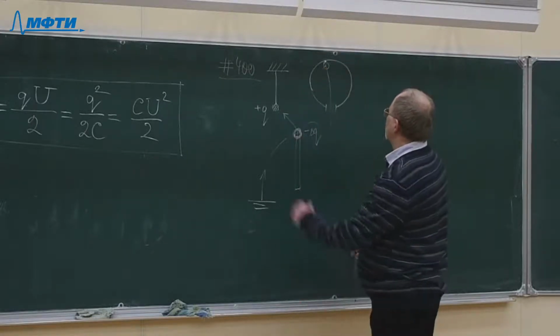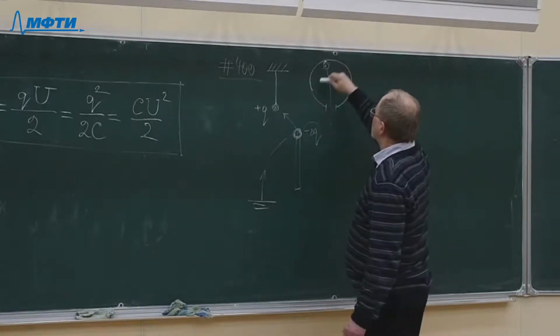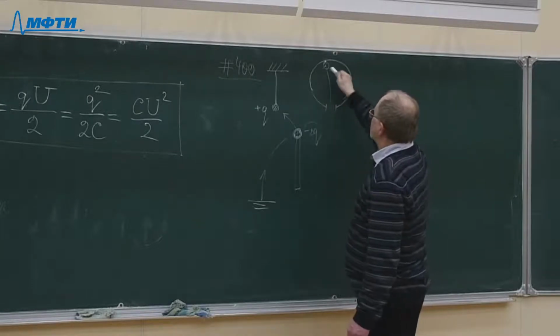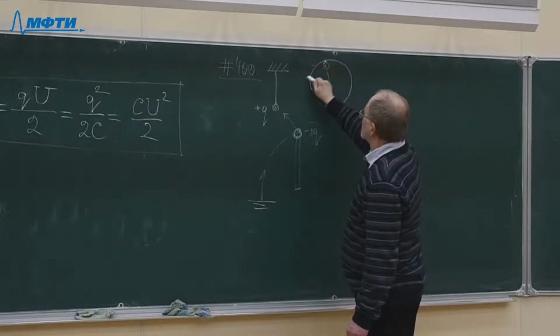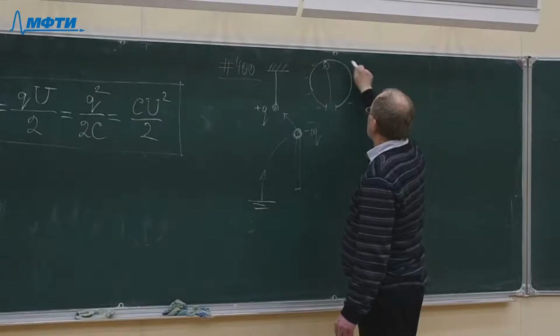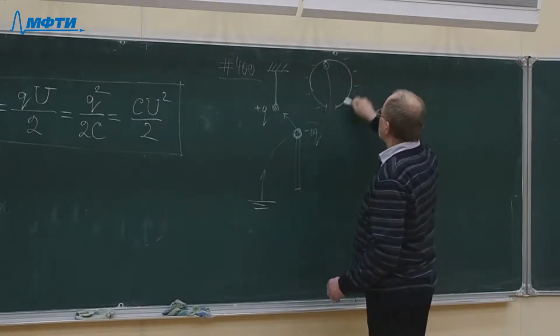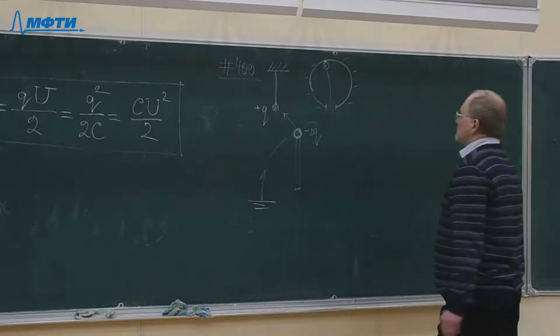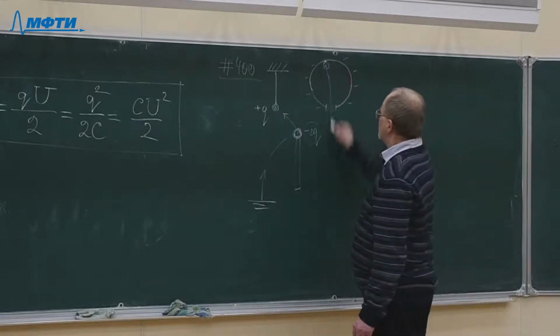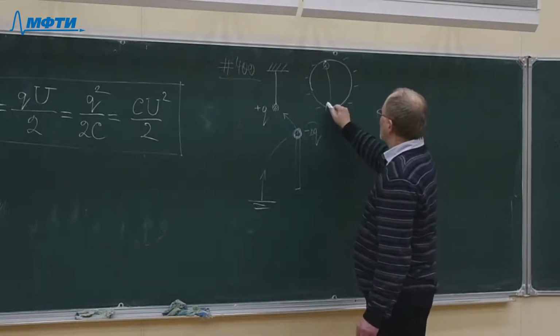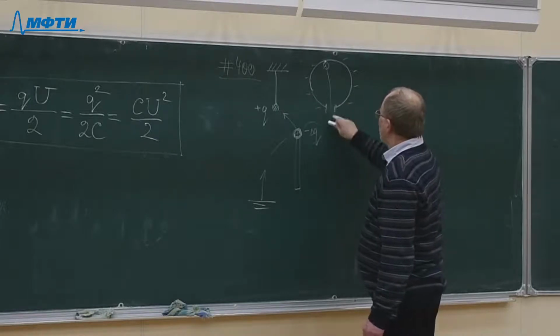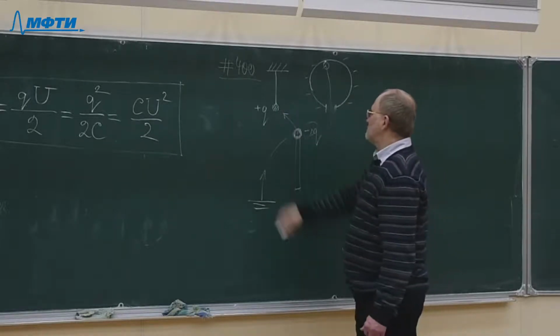And the charges in a single conductor tend to distribute on the surface of this conductor. So all this charge will flow away from the small ball and will be distributed on the surface of the large sphere. Then we take this small ball away from the sphere, from this hole, and repeat the procedure.